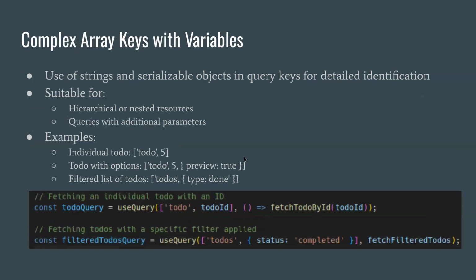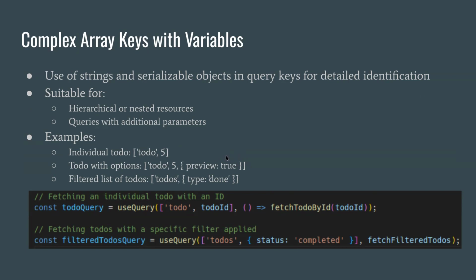Complex array keys with variables. As you make data requests in your application, you'll realize that not all data requests are simple. When more specific information is needed to uniquely identify data, query keys can also include a mix of strings and serializable objects.